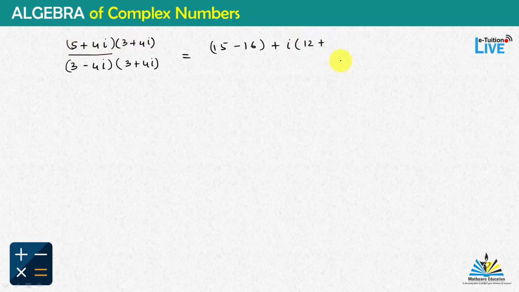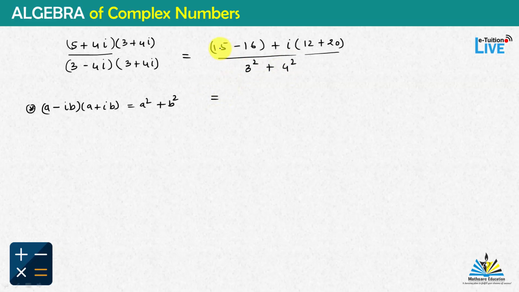Upon, we know this is a square plus b square, as we earlier derived the formula: a minus ib into a plus ib is a square plus b square. We recently derived this formula. So this is 3 square plus 4 square, and this is equal to minus 1 plus 32i divided by 25.